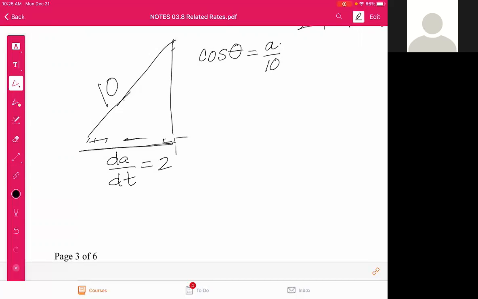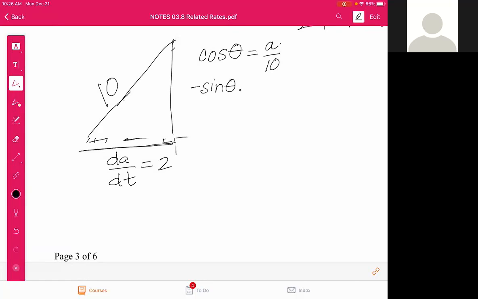So what is the derivative of cosine of theta? Negative sine theta. And then we're going to do this implicitly because we talked about how that angle is also changing.